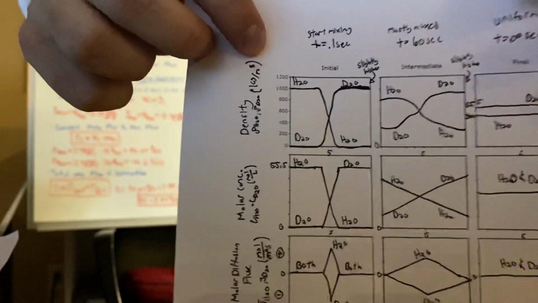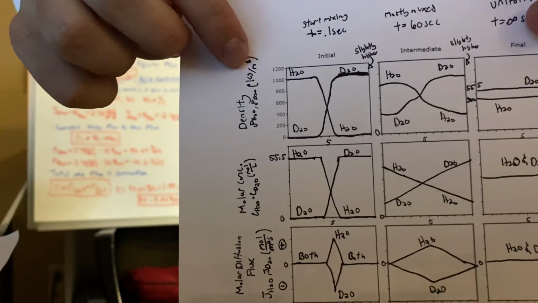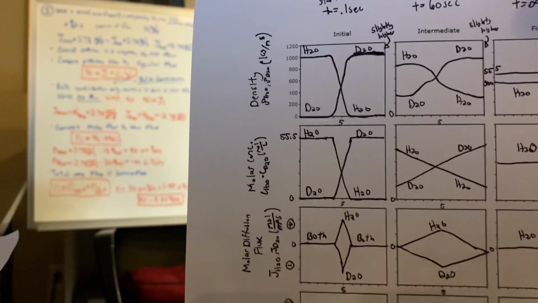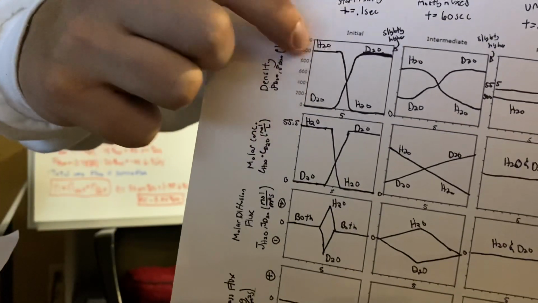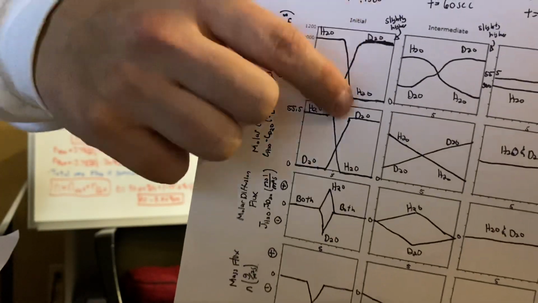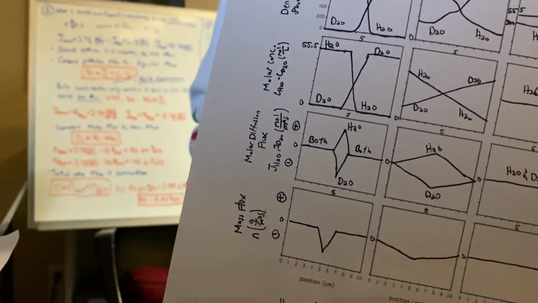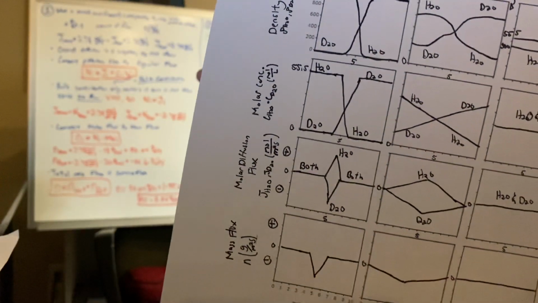Starting with t equals 0.1 seconds, we see here that the density of H2O is pretty much what it should be, at 1,000 kilograms per cubic meter. We're going to see that stay solid until we get to the middle of the mixing point. This is the middle of the capillary, where the 5 is, and that is the initial mixing point at t equals 0.1 seconds.